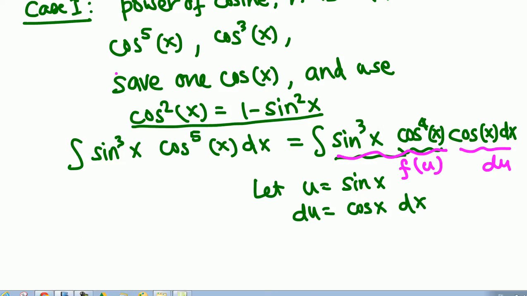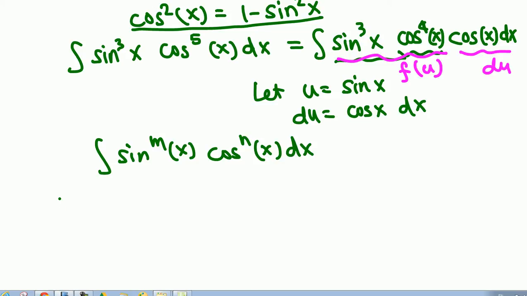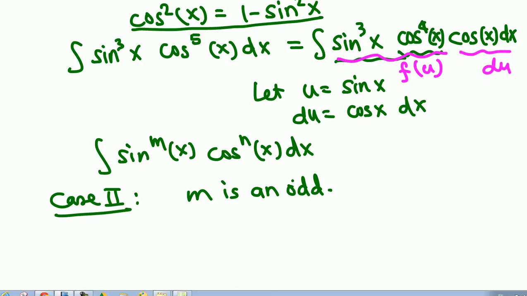Case 2, which is equivalent: the power of sine, m, is odd. So we are trying to integrate sine to the m x times cosine n x dx. Now we are considering case 2 where m is an odd number. Then it works in a similar way.